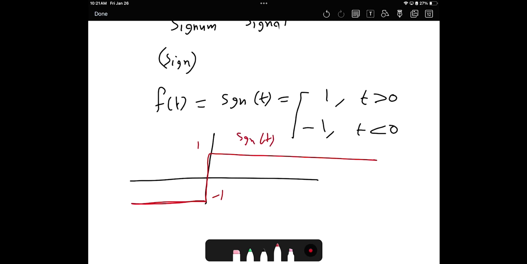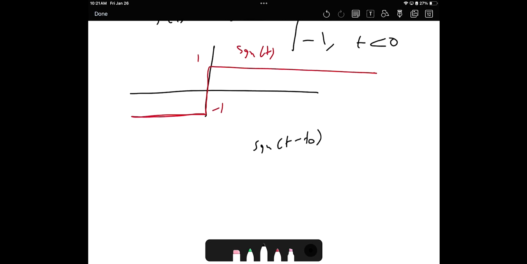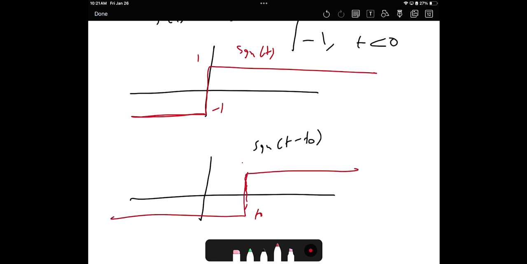And the same if you apply phase shifts, like sgn of t minus t0. Here's t0, then it will go like this. Okay?